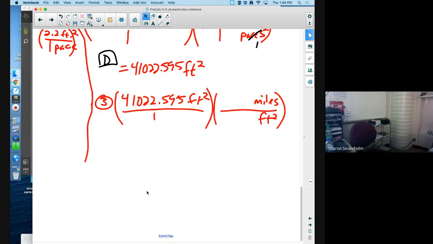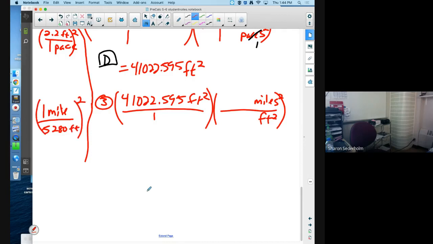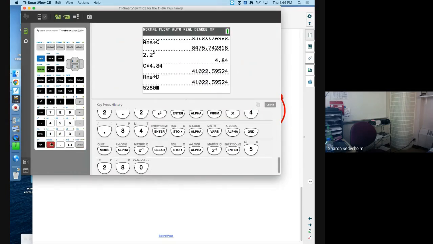So square feet, square miles. We know off to the side here that 1 mile is 5,280 feet, but we're going to have to square that. 1 squared is just 1, but we need 5,280 squared.